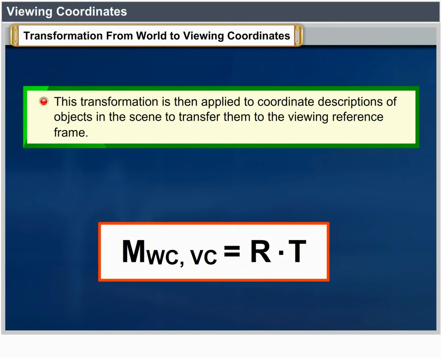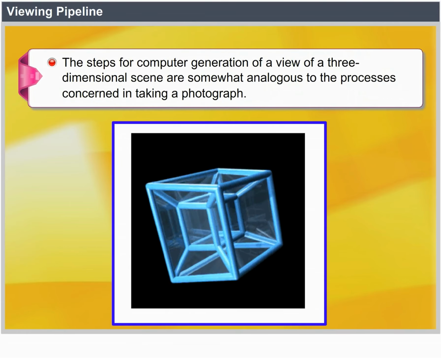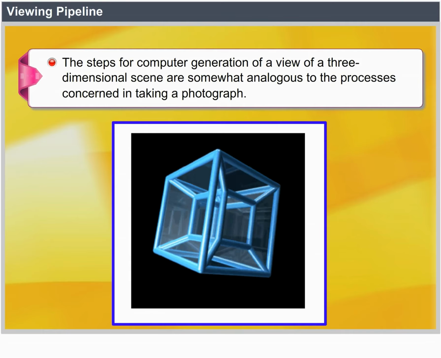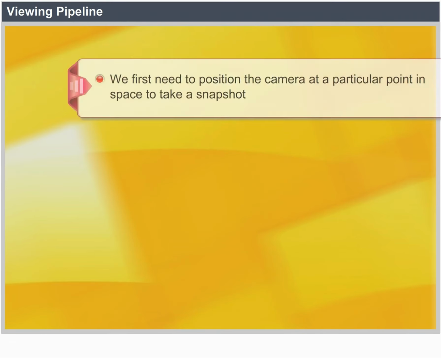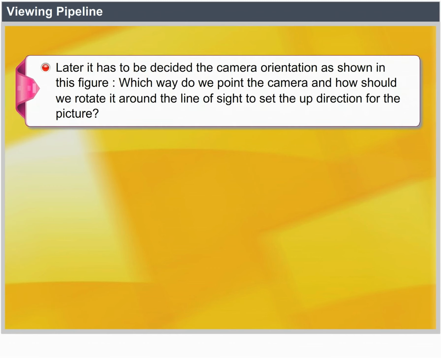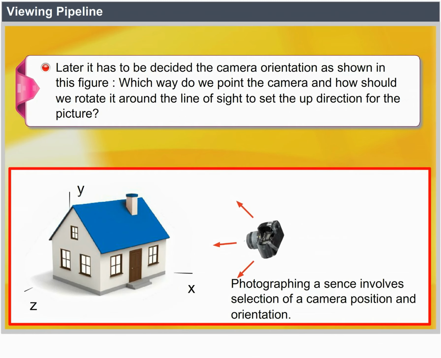Viewing pipeline. The steps for computer generation of a view of a three-dimensional scene are somewhat analogous to the processes involved in taking a photograph. To take a snapshot, we first need to position the camera at a particular point in space. Then we need to decide on the camera orientation as shown in this figure. Which way do we point the camera and how should we rotate it around the line of sight to set up direction for the picture?